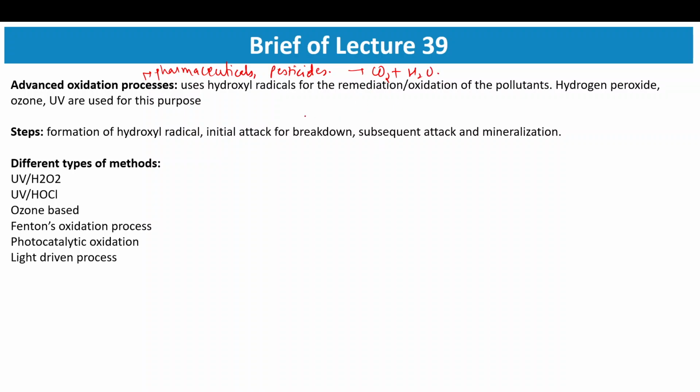So here some of the strong oxidizing agents can be radicals, and the common one is the hydroxyl radical. Now radicals, as you know, have just one unpaired electron, like one single electron, which is a highly unstable state.